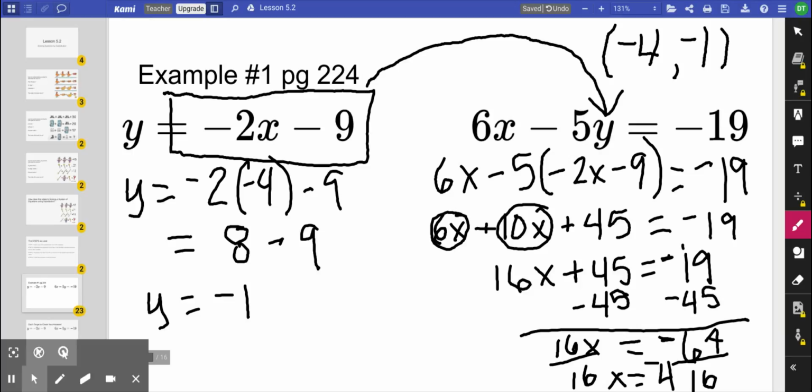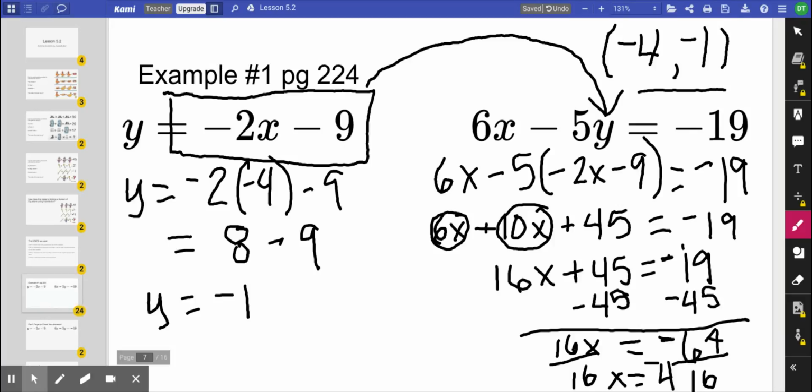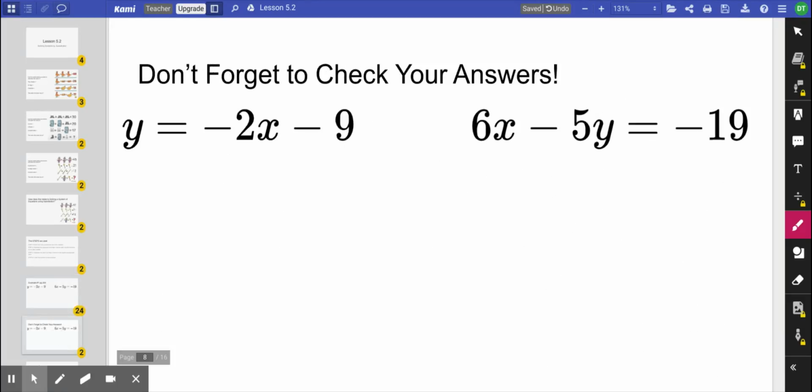All right, so our solution, negative 4, comma, negative 1, should be, if we were to graph these two lines, where those two lines intersect. Now, as we've discussed before, we should always check our solutions. And wait, I forgot. Negative 4, negative 1. So negative 4, negative 1 is our solution.